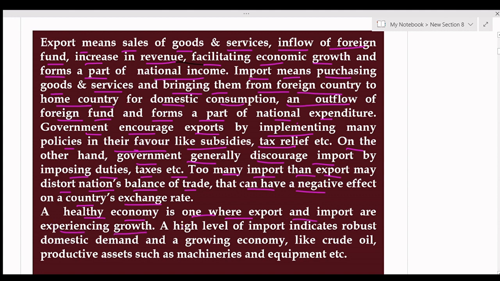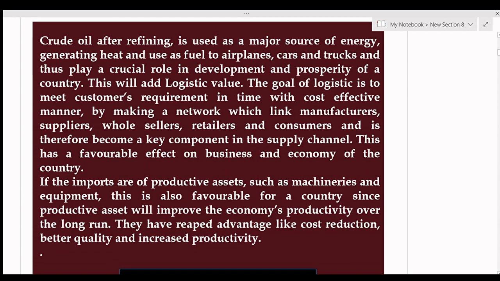A high level of import indicates robust domestic demand and a growing economy, for imports like crude oil and productive assets such as machineries and equipment, etc. Crude oil after refining is used as a major source of energy, generating heat and used as fuel for airplanes, cars and trucks, and thus plays a crucial role in the development and prosperity of a country.